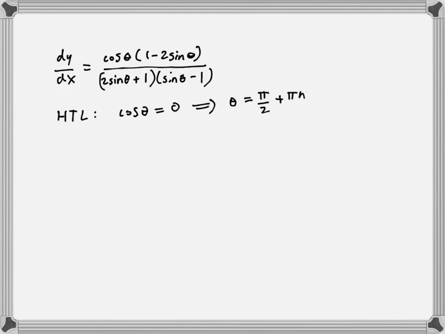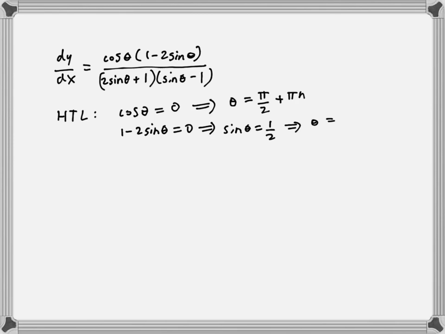And what about where 1 minus 2 sine theta is 0? This means that sine theta is a half, which means that theta is going to equal, so which thetas have a sine of a half?